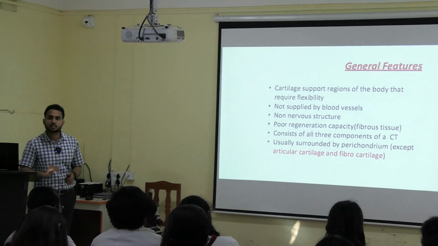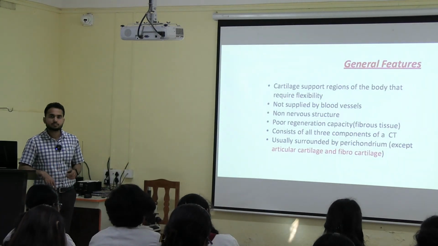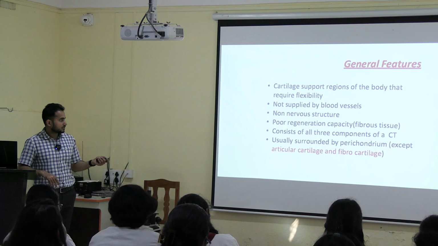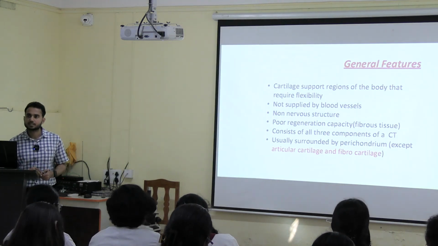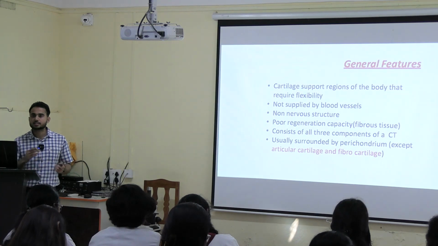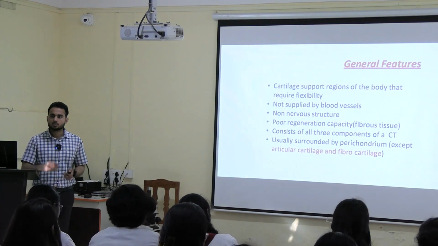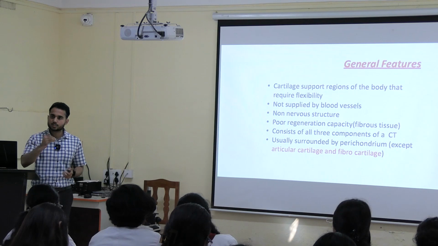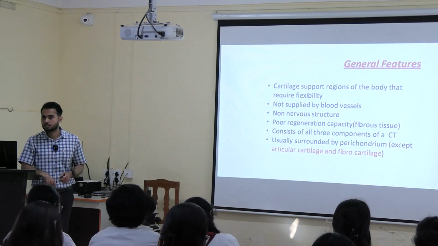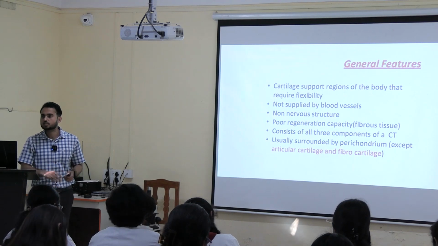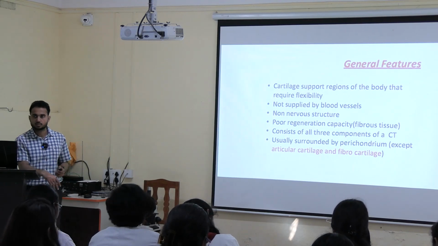The perichondrium generally has two layers, a fibrous layer and a cellular layer. In the fibrous layer some blood vessels are there, so the cartilage gets nutrition by diffusion from the blood vessels present in the perichondrium. That is the only source of nutrition for cartilage.